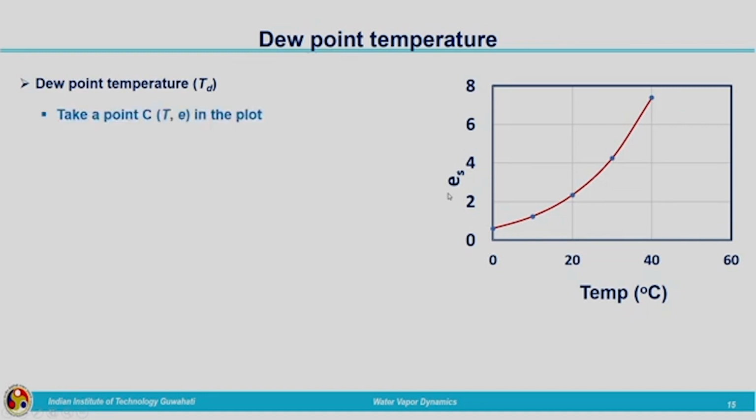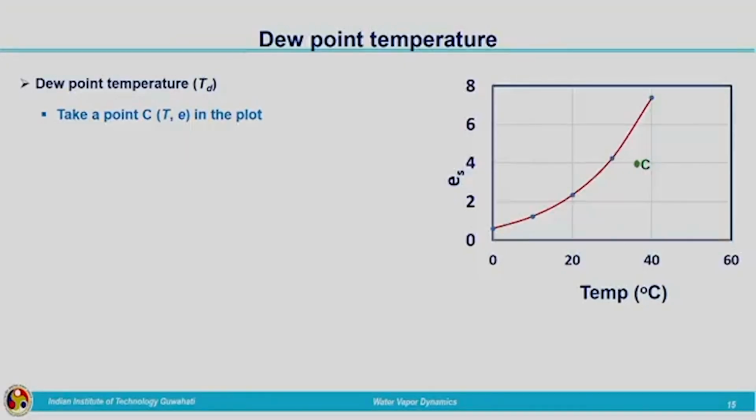Now we are going to take a point C on the plot. You should remember that the equation given by the exponential relationship is valid on this particular curve. It is not valid anywhere else. So the point C is considered on the plot.